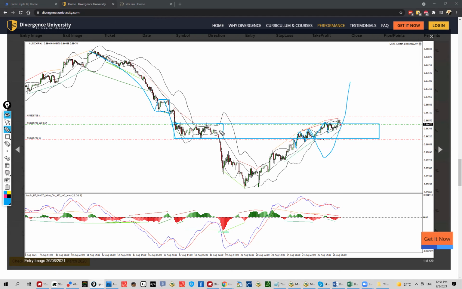So either a pullback or consolidation, but the size, the length of this pullback needs to gather the momentum for the next push. Okay, because we might consider this as a nice move from down to here, but when you compare it to the next wave that came to the actual bottom, ignoring this tiny consolidation, look what's happening.